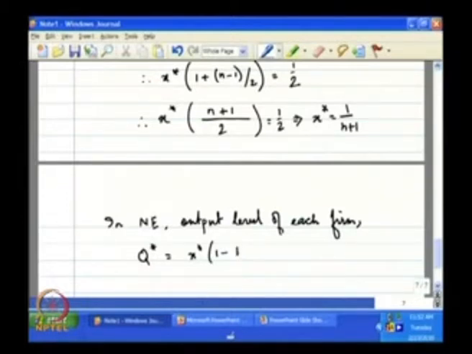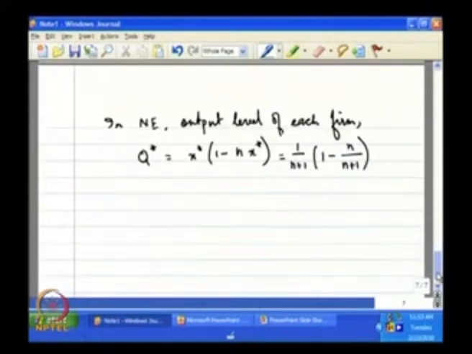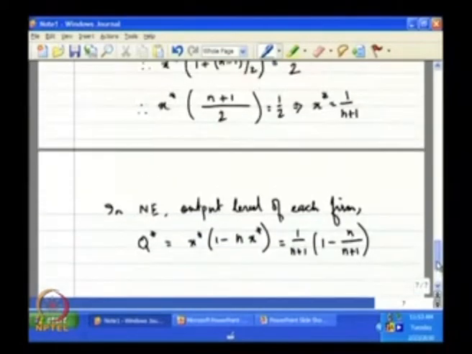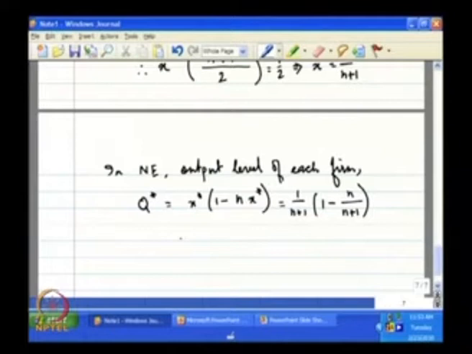So, n terms are there multiplied by x star, and so this is 1 divided by n plus 1, 1 divided by n plus 1.